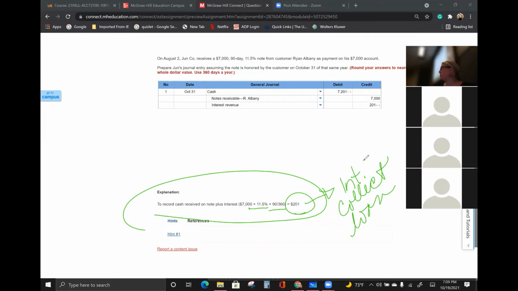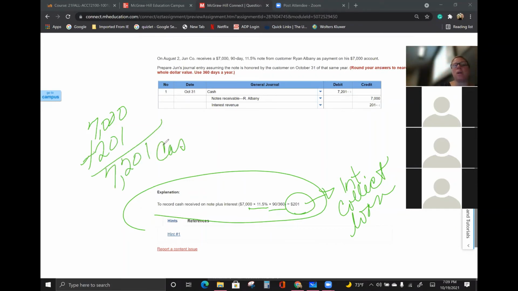So how much cash am I getting? The amount of the loan plus the interest. So I'm getting the 7,000 plus the 201. So I'm getting 7,201. This is my cash that I'm going to receive. So I debit cash for the full amount, 7,201. I have a note on my books for $7,000 because that's what I lent out.